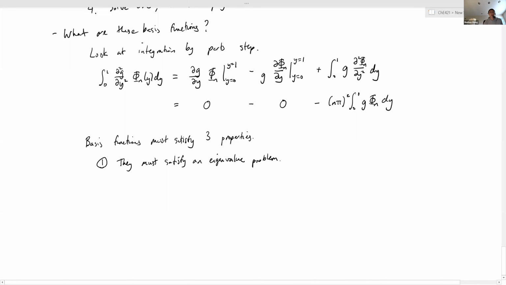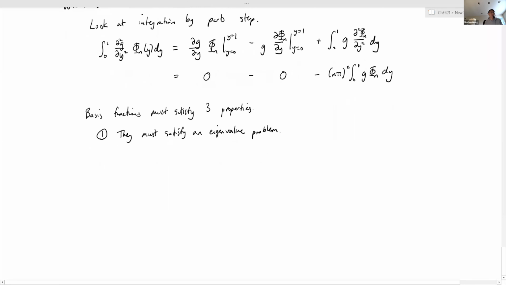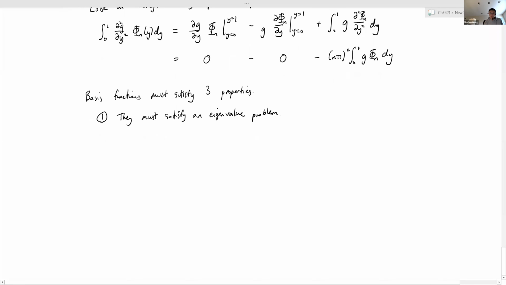That's just a fancy word for a special type of differential equation. The differential equation that we care about looks like this.